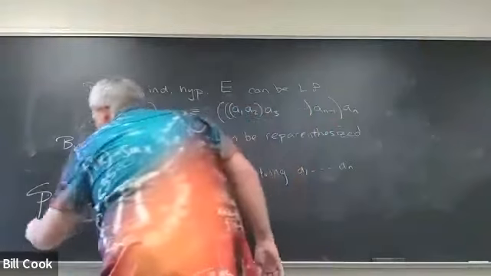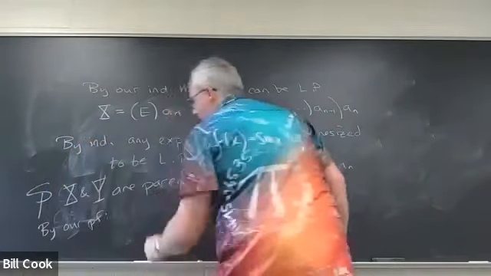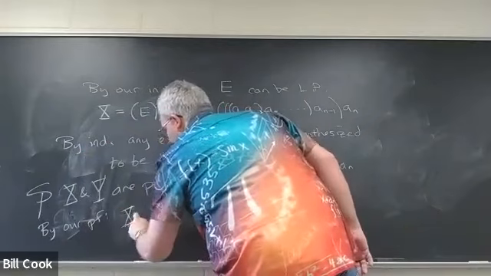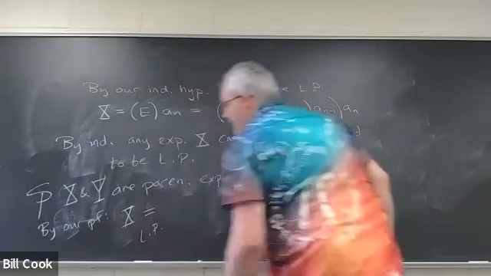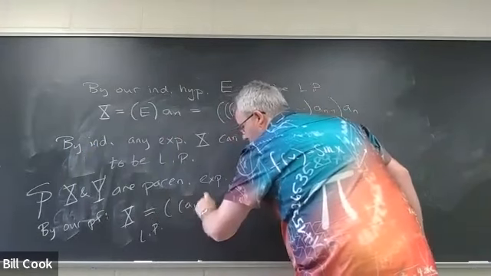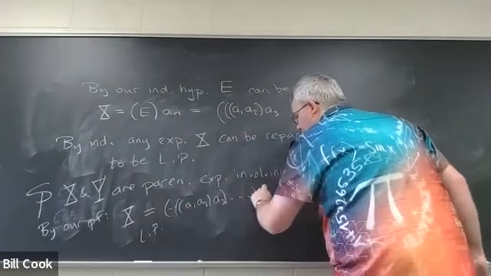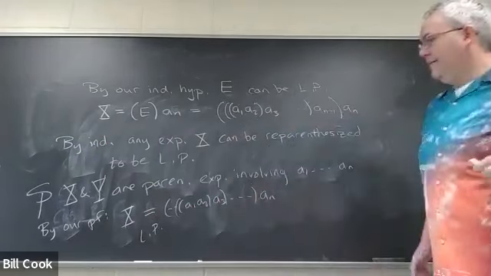We know by our proof that X can be left parenthesized so that it looks like a_1, a_2, a_3, all the way up to a_n.